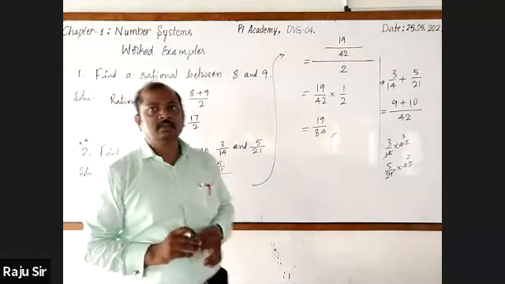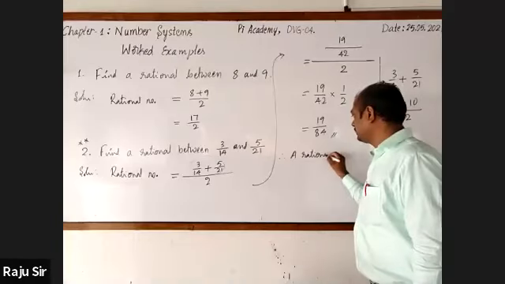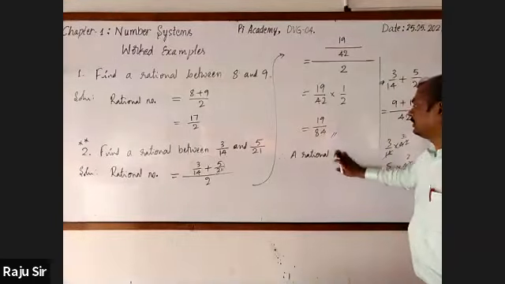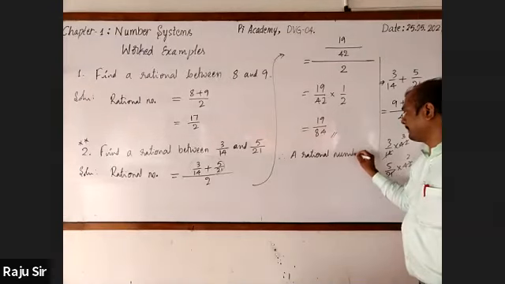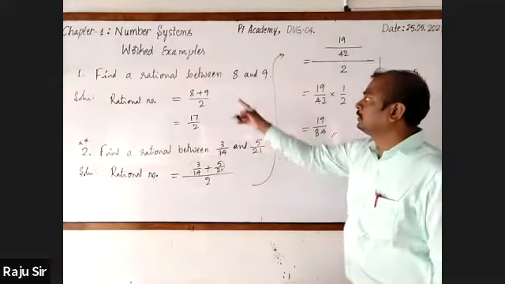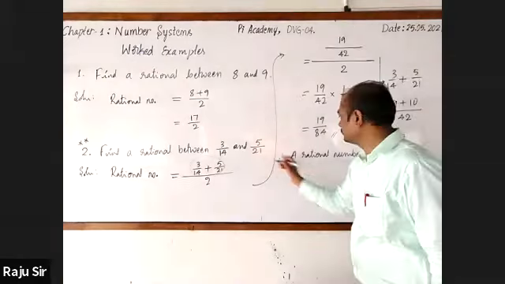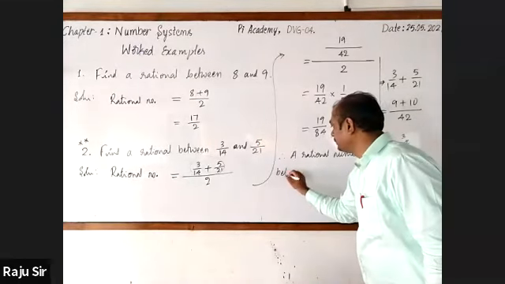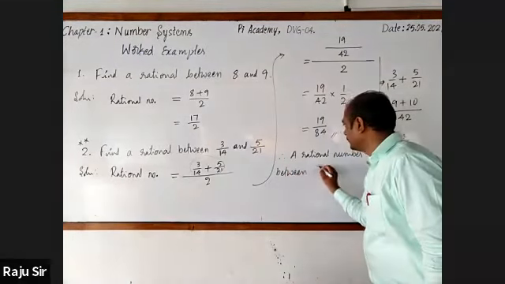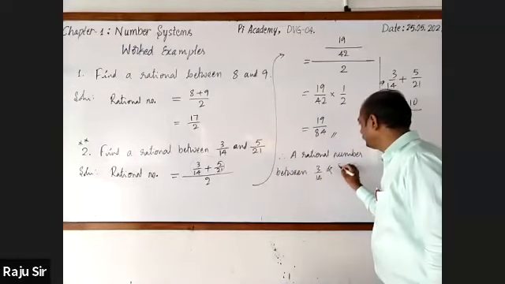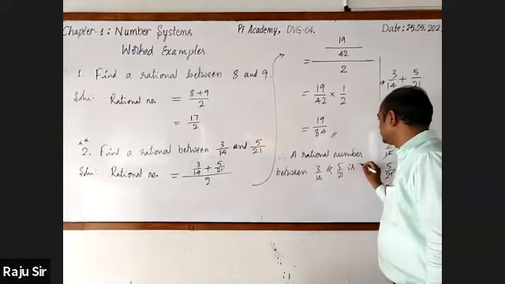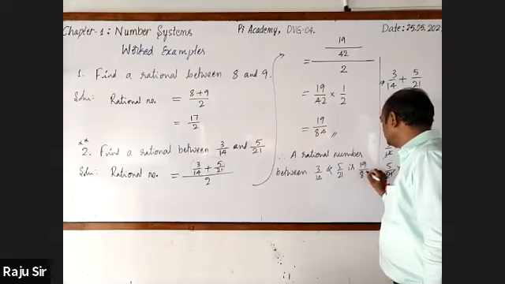Did you understand? Therefore, a rational number between 3 by 14 and 5 by 21 is 19 by 84.